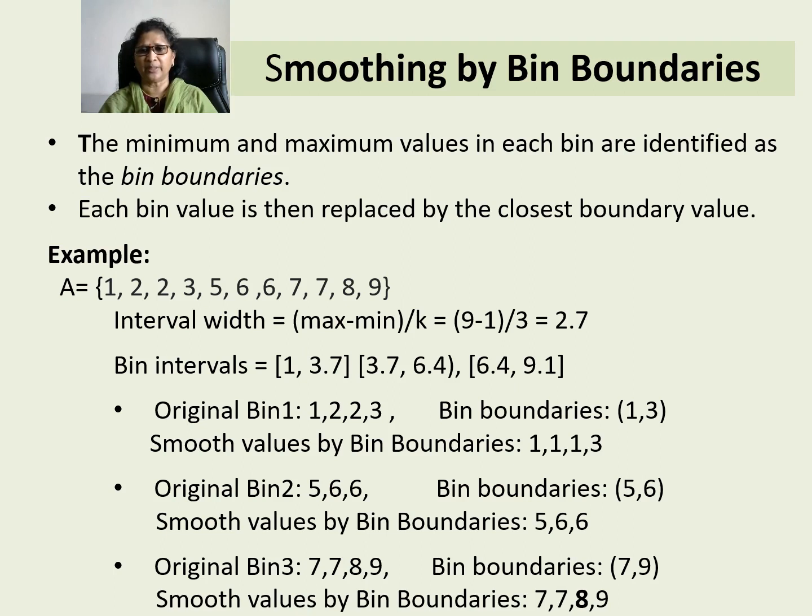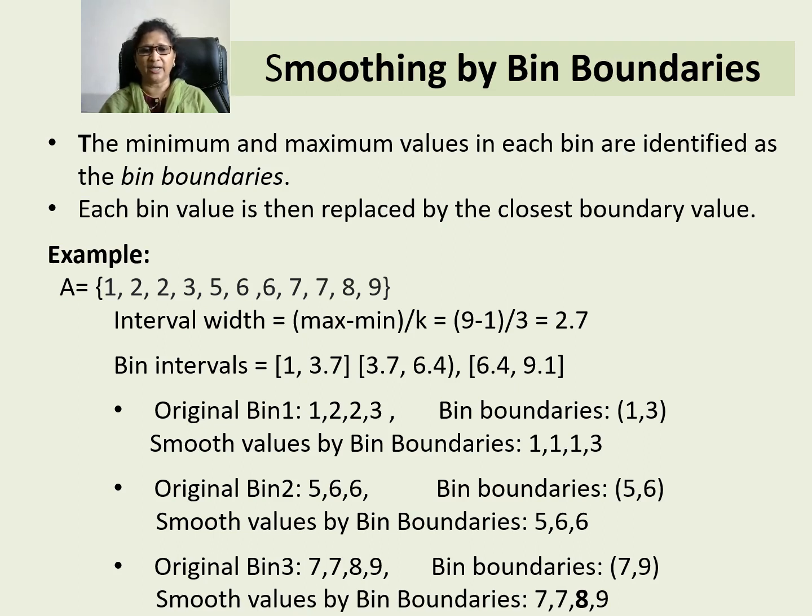If we want to have 3 bins, then the value of k will be 3, and we compute max minus min divided by k to decide the bin width, and we get a value of 2.7. So bin intervals become 1 to 3.7, then 3.7 to 6.4, 6.4 to 9.1, and each value will be replaced with the boundary value which is closest to it. Each bin value is replaced by the closest boundary value, to be very specific.